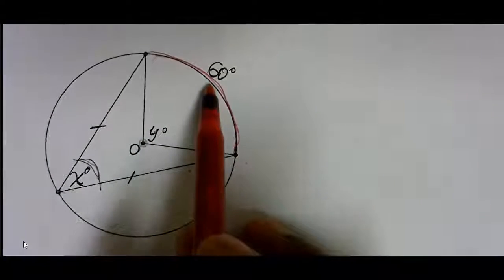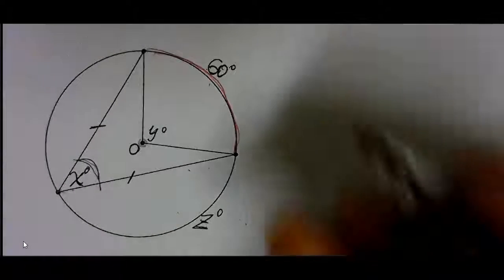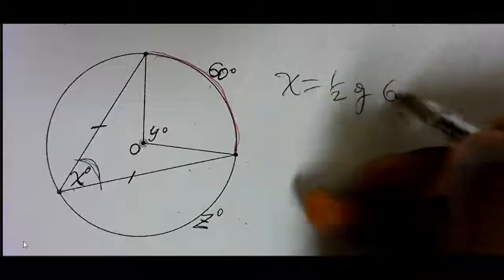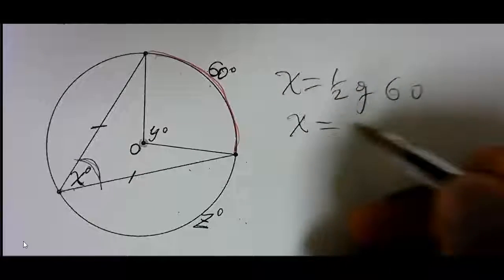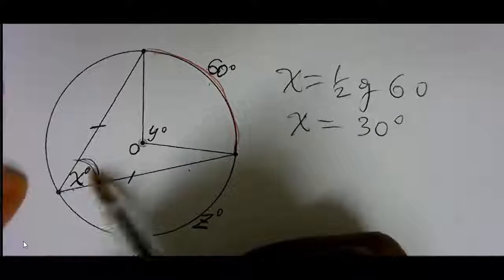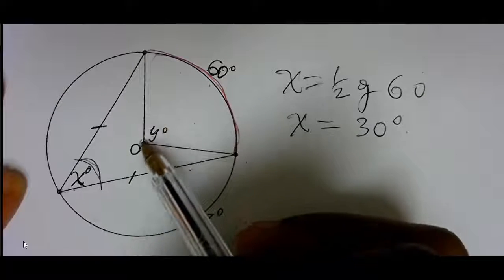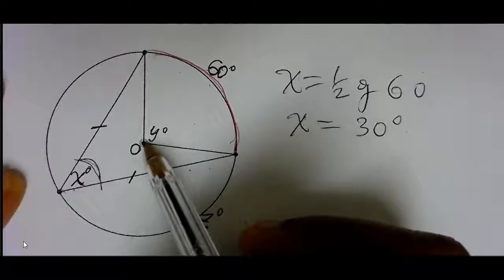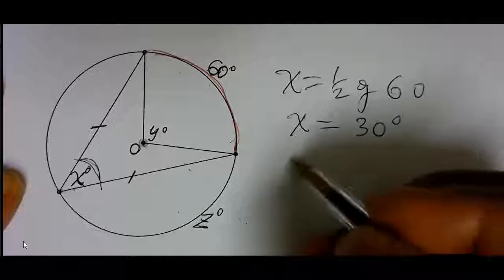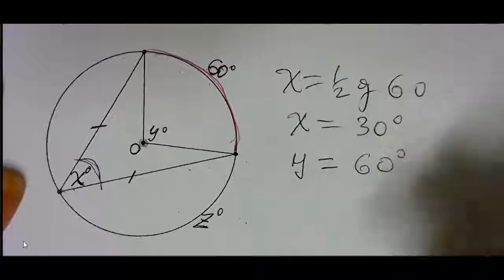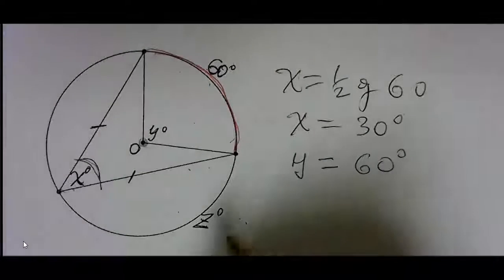So angle X is going to be 1/2 of arc 60, which is 30 degrees. Then angle Y is from the middle and intercepts the same arc. If it is from the middle, it's going to be exactly the same measure as the arc. So angle Y is 60 degrees.